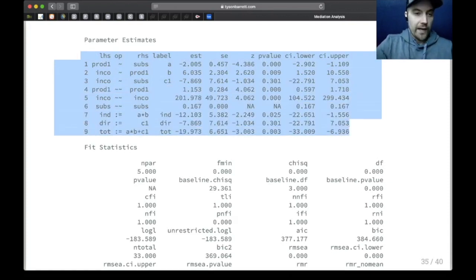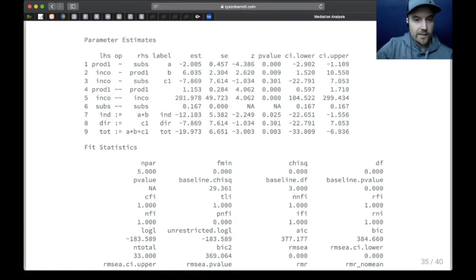If we're interested in our indirect effect, we can go straight here and see our indirect effect is negative 12.1. And it looks like it is significant. And here is our confidence interval of that effect. Same with our direct effect and our total effect.